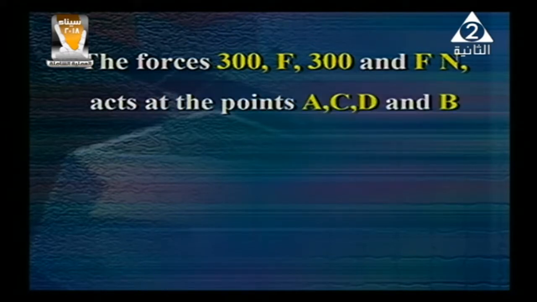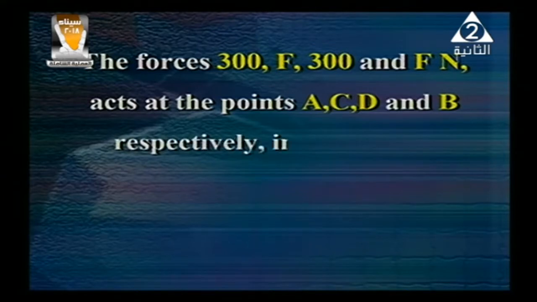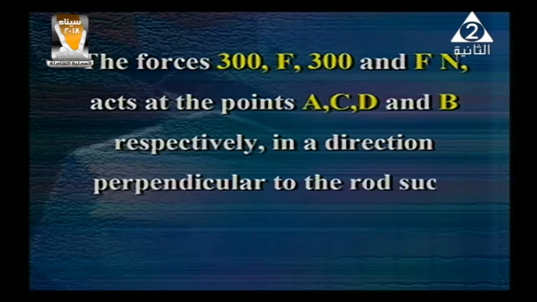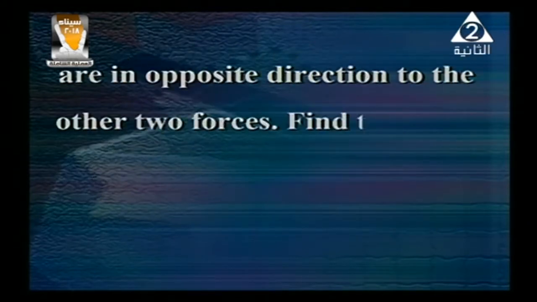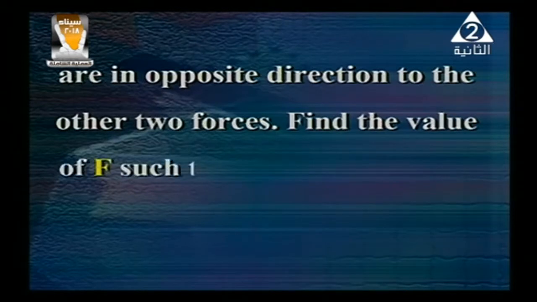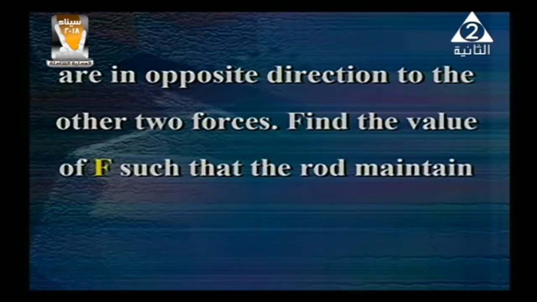The forces 300, F, 300 and F Newton act on the points A, C, D, and B respectively in a direction perpendicular to the rod, such that the forces at A and B are in the opposite direction to the other two forces. Find the value of F such that the rod maintains equilibrium. Look at the solution.